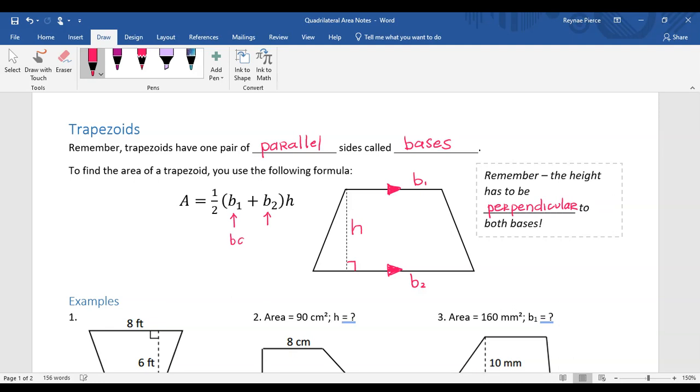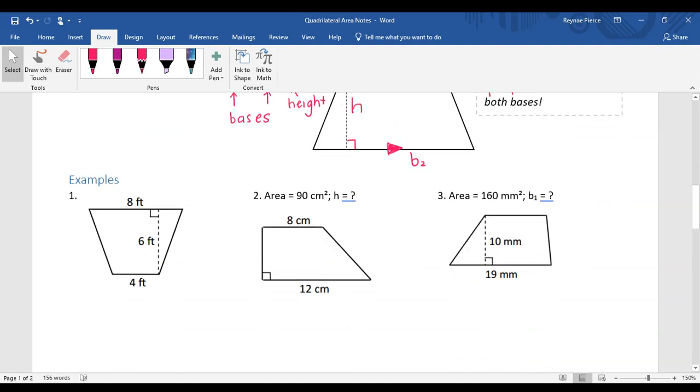To find the area, we take 1/2 times the sum of the bases times the height. Okay, so I like to label my parts when I'm looking at these pictures. It does not matter which one gets base 1 and base 2.